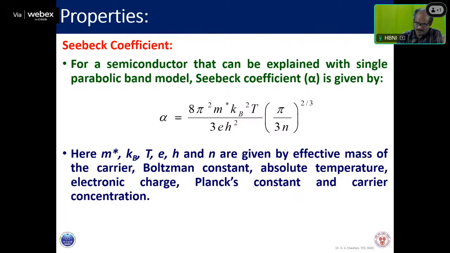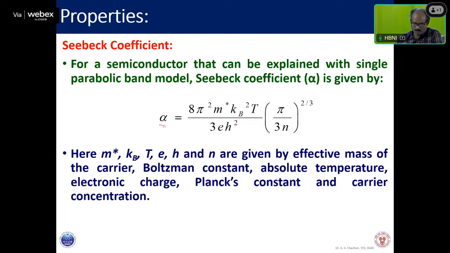So this Seebeck coefficient, which was delta V by delta T, on the basis of other calculations, it can be derived that the value of alpha is 8 pi square m star kB square T over 3 e h square, times pi by 3n to the power 2 by 3.